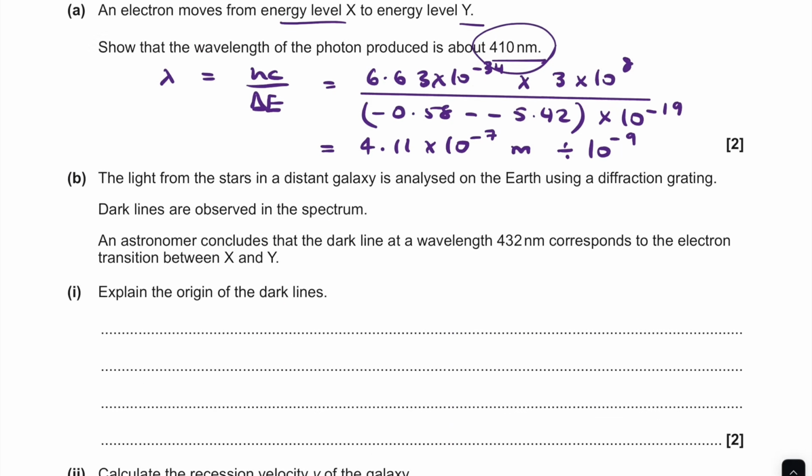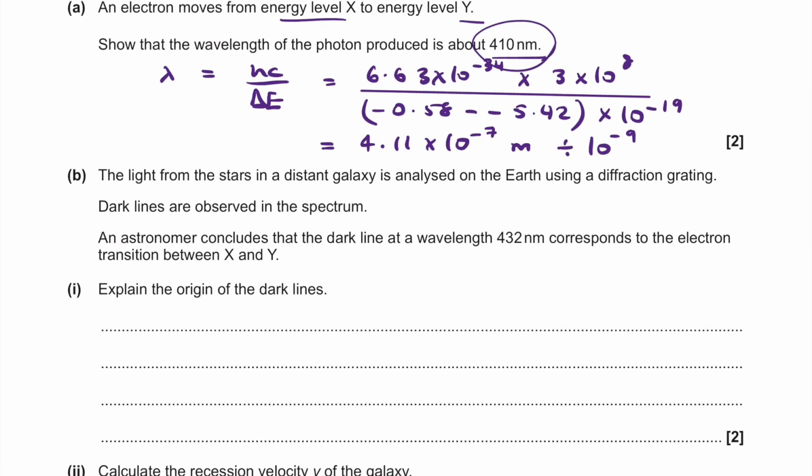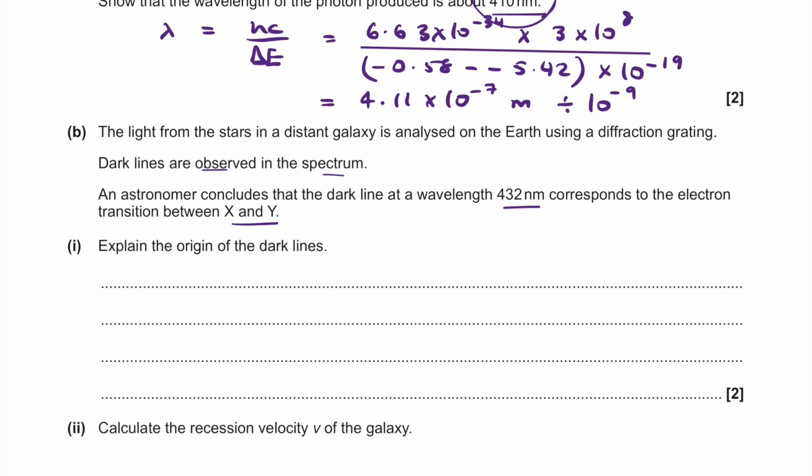So for part B, the light from the satellite in a distant galaxy is analyzed on the Earth using a diffraction grating. The dark lines are observed in the spectrum, and an astronomer concludes that the dark line at a wavelength of 432 nanometers corresponds to the electron transition between X and Y. Explain the origin of the dark lines.